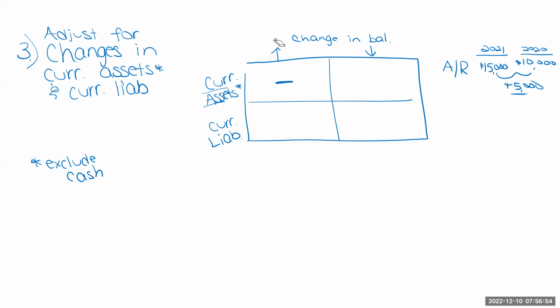Let me explain why we would subtract from net income. If we had an increase in accounts receivable, that would mean we would have more debits than credits, right? Because a debit increases the account. Now think back to our earlier chapters when we did journal entries.